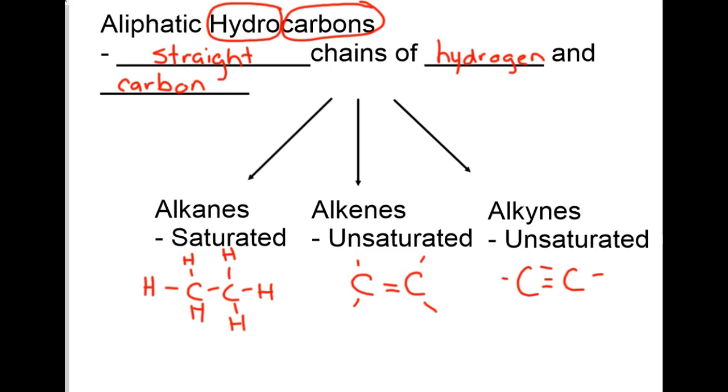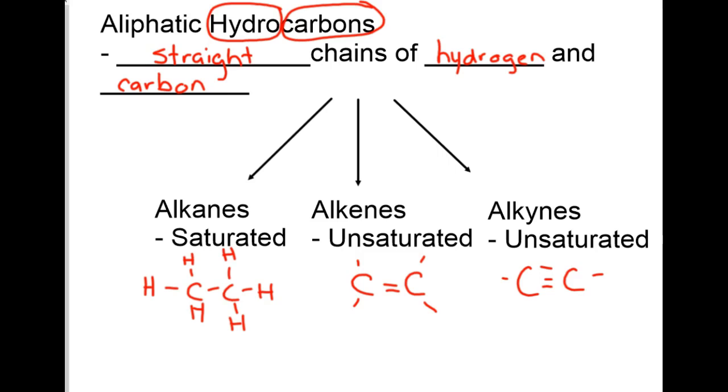A saturated fatty acid is all single bond carbons, and can be very, very long carbon chains. A monounsaturated fatty acid has one double bond somewhere in that structure. A polyunsaturated fatty acid has multiple double bonds throughout the structure.